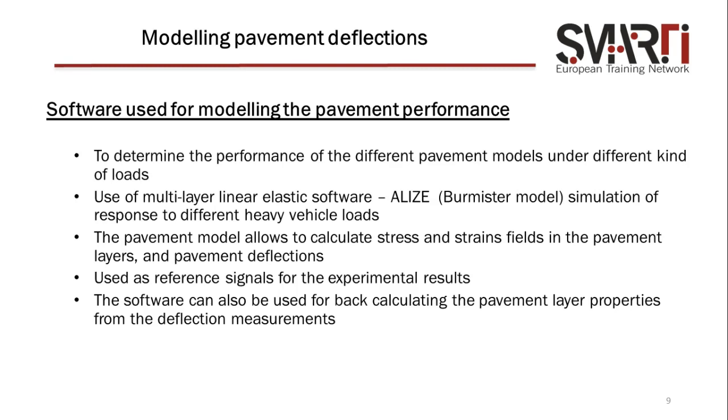It's used for elastic pavement models, and we have modeled pavement deflections using it, but it can also be used for measuring stress and strains under specific vehicle load types.